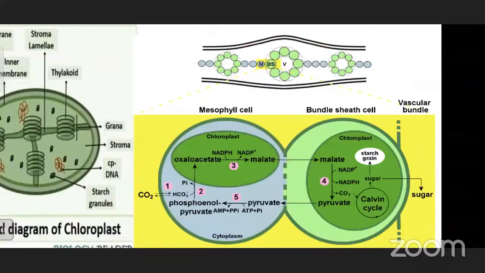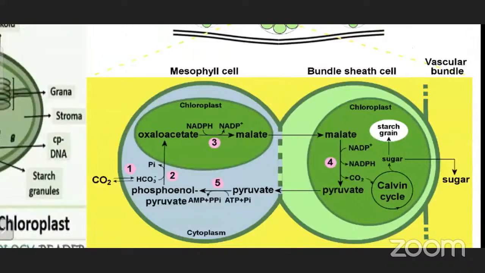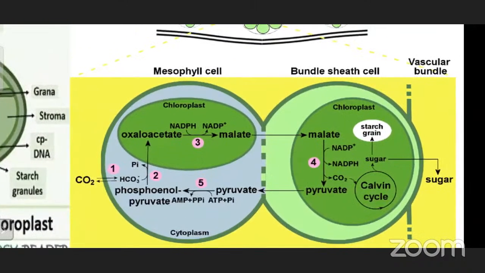you can see how the chloroplast here will be having a difference in conducting the light reaction and dark reaction. The light reaction will be taking place in the mesophyll cells because of the presence of the granum thylakoid.